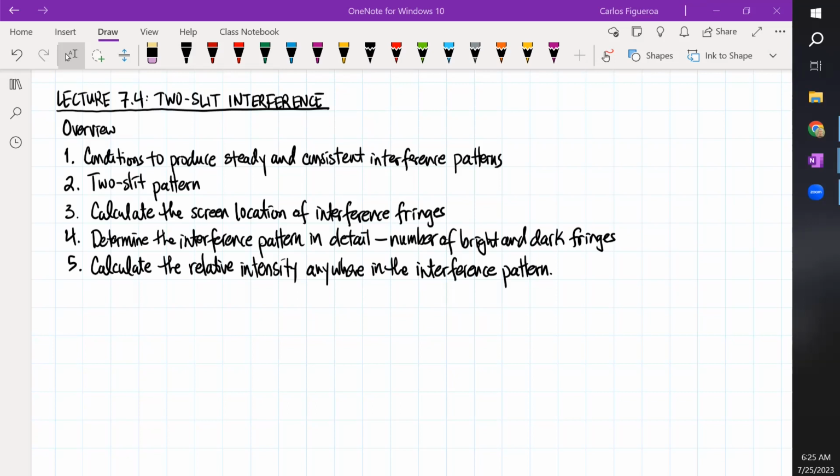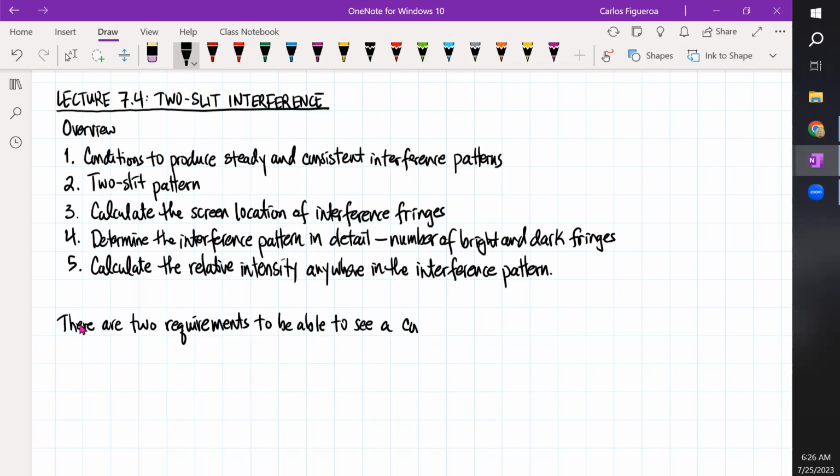So let's start off with the first thing. There are two requirements to be able to see a consistent and steady interference pattern.